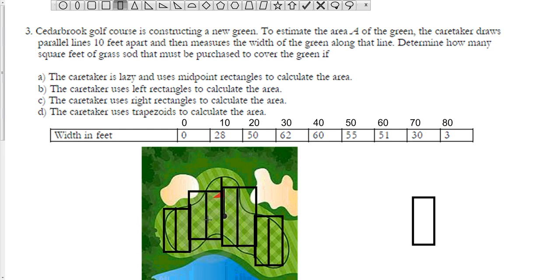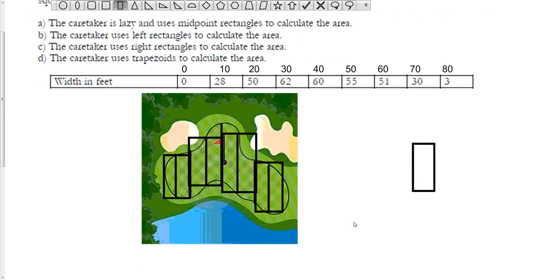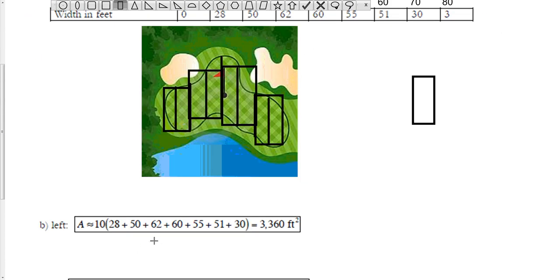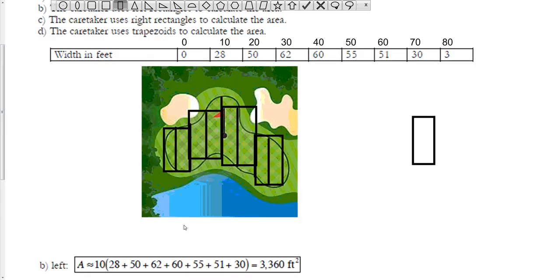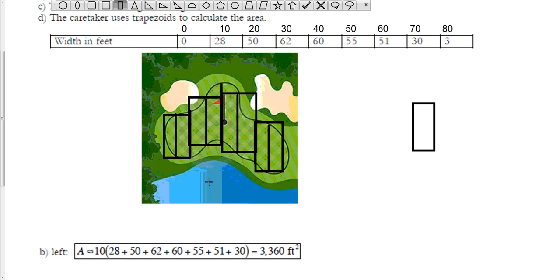So I'm going to find the area of these 4 rectangles, and that will be my midpoint approximation. For my midpoint Riemann sum, I'm using 20 as the width of the interval times the heights of 28, 62, 55, and 30, those 4 midpoint heights.